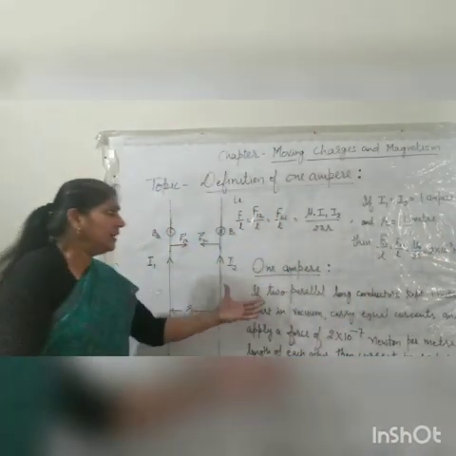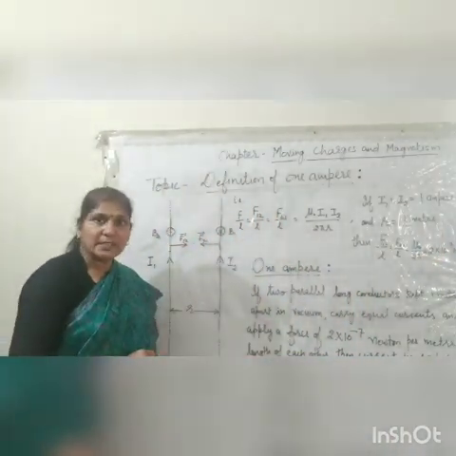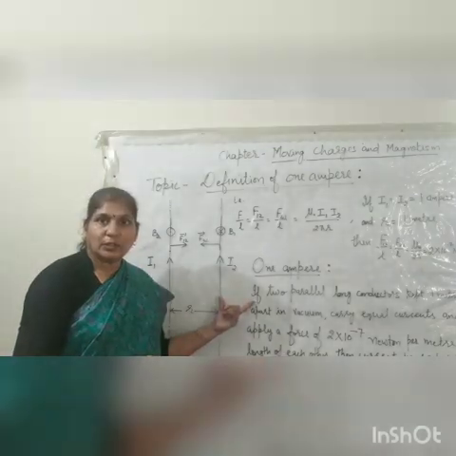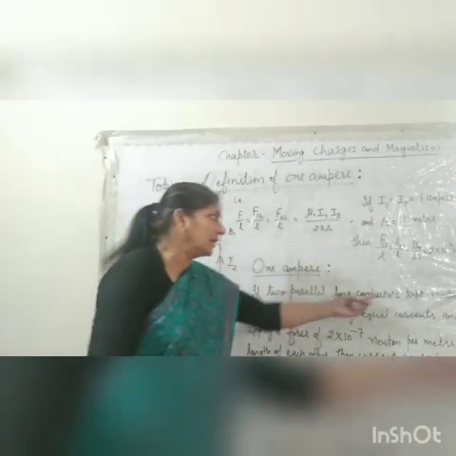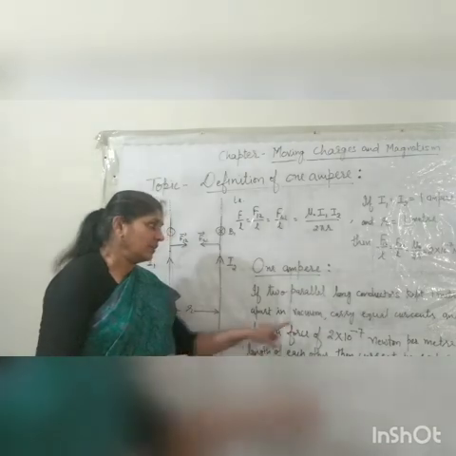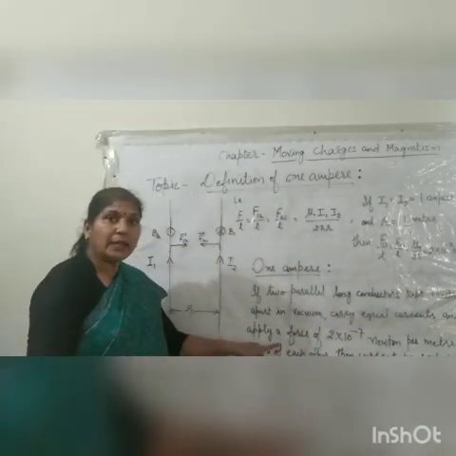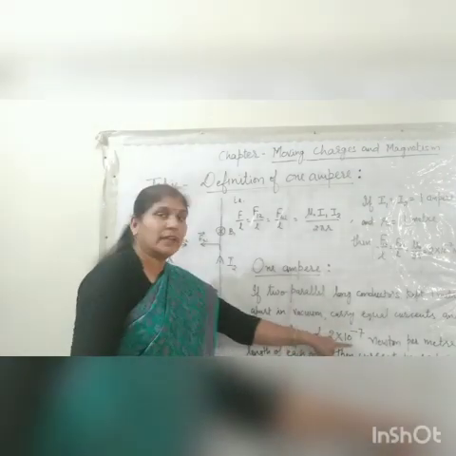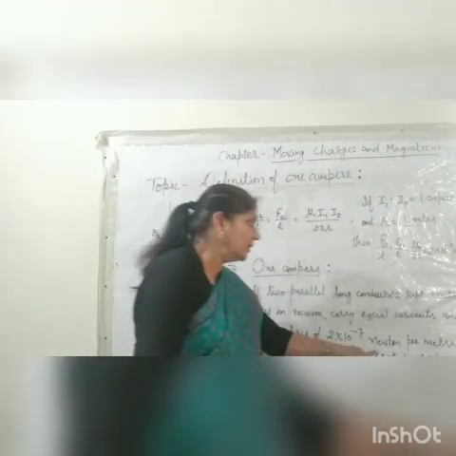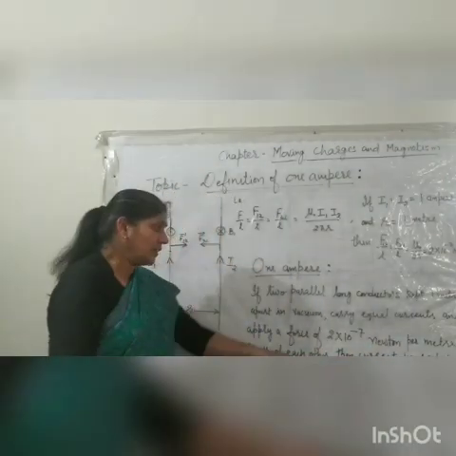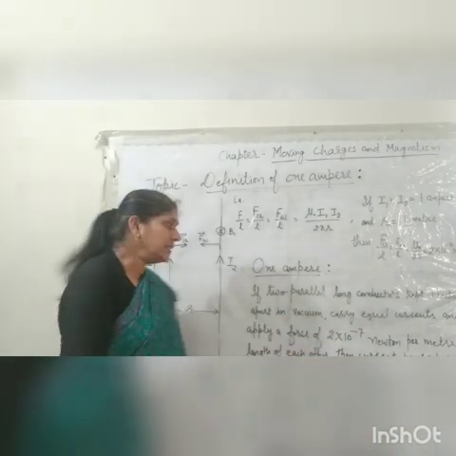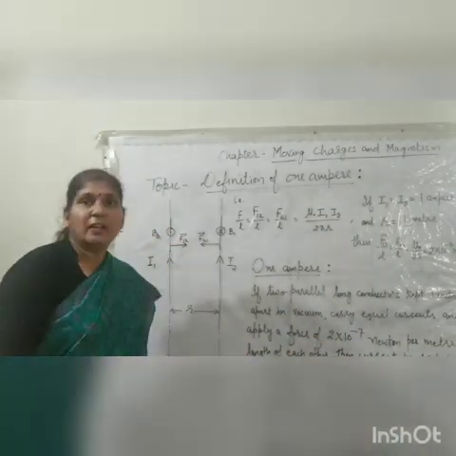So accordingly, the definition of 1 ampere is given. If two parallel long conductors kept 1 meter apart in vacuum carry equal currents and apply a force of 2 into 10 raised to the power minus 7 Newton per meter length on each other, then the current in each conductor is said to be 1 ampere.